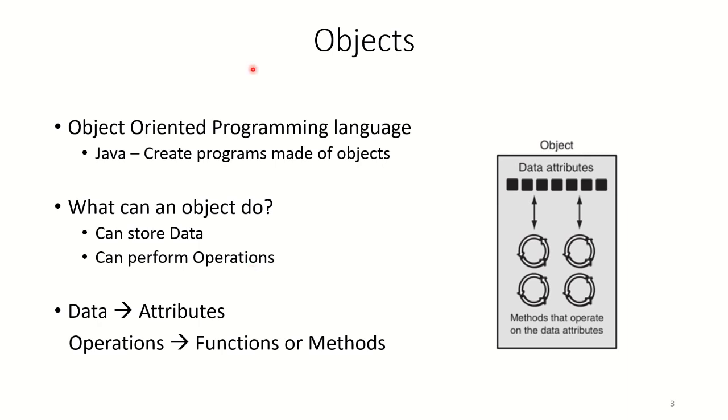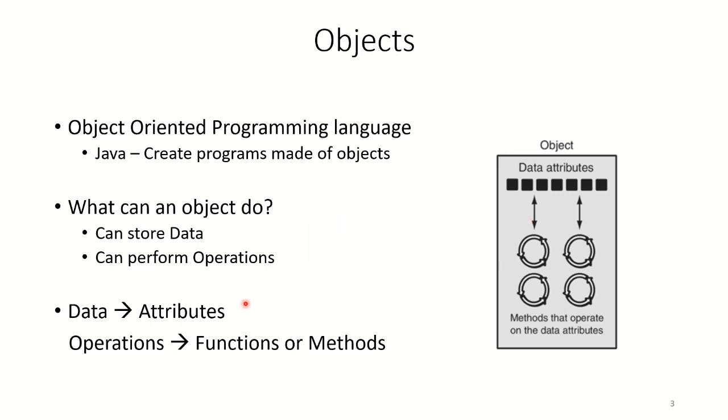Let's take a look at the conceptual picture of an object. What do you see there? You can see there are data attributes and the methods that interact with the attributes. So we can conclude that an object can store the data and it can perform operations on the data.